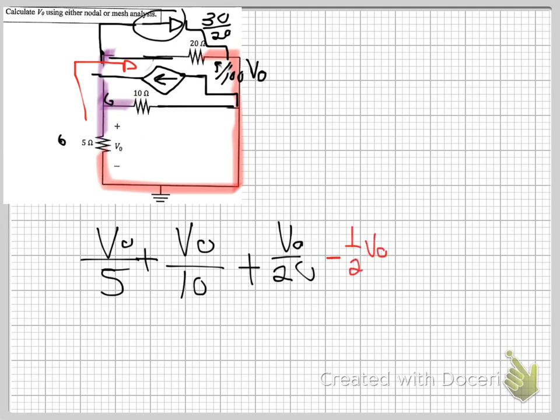Our 5 over 10 is 1 over 2. Plus 3 over 2 is equal to 0. So by simply grouping the coefficients together, switching that to that side, and dividing, you can get the value of V of O is equal to 10 volts.